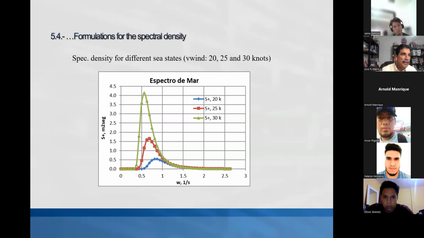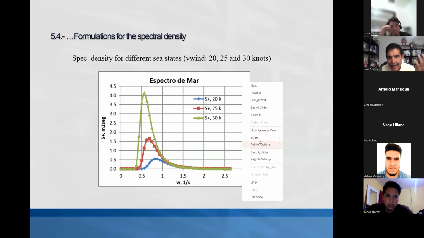Anything that calls your attention, Miss Vega? Is there anything interesting for you in this graph? So I can see that it depends on the velocity of the wind. Yeah, but anything else? You're telling me that they are different.